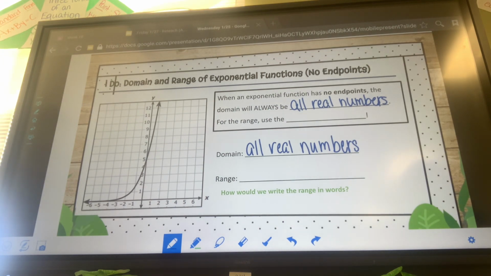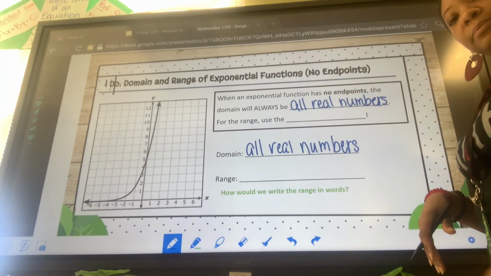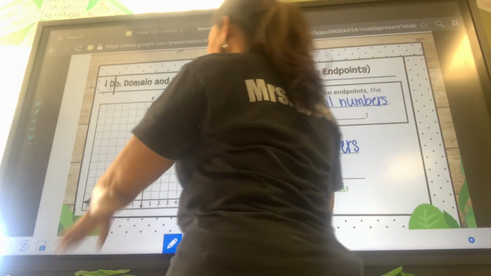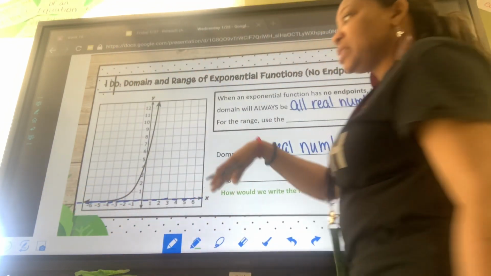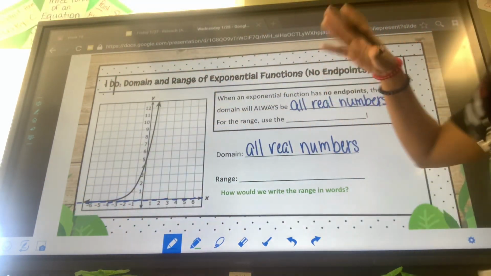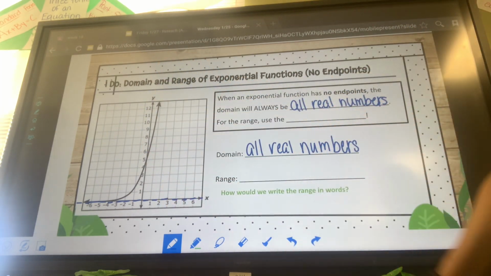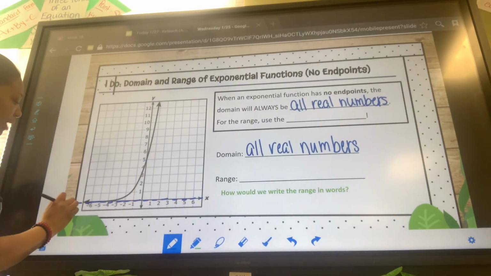Okay, now our range. Remember our range has to go with our y-axis. Okay? So it's got to go from bottom to top. Okay? So at the bottom down here, it basically bottoms out right along this line, right? Okay, because we see it flattening out. So if it flattens out, that means it's going to run right along that line. So remember we talked about in our first lesson, this being an asymptote.